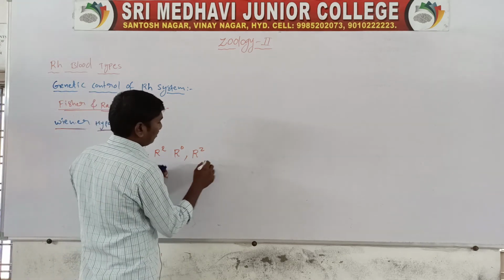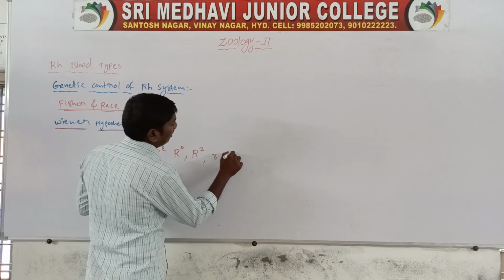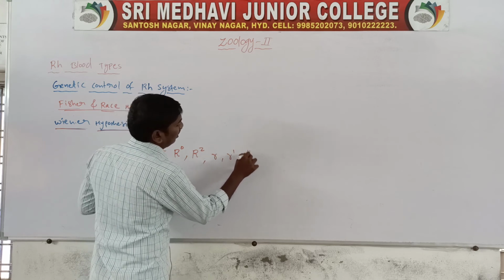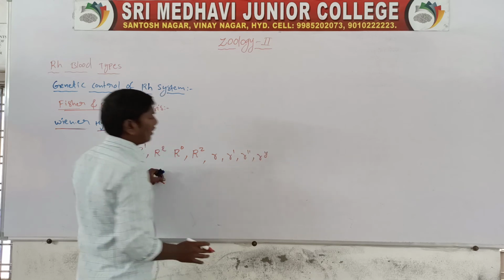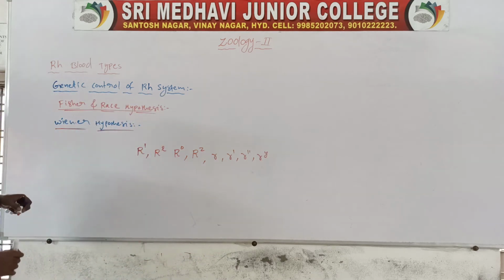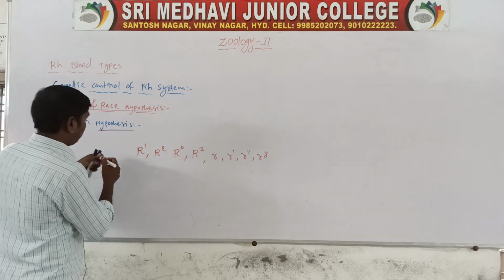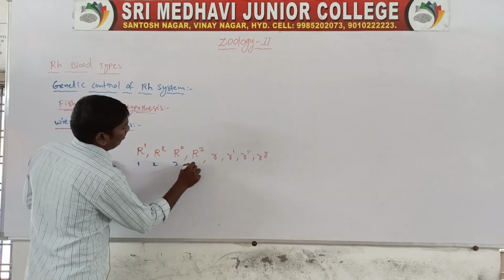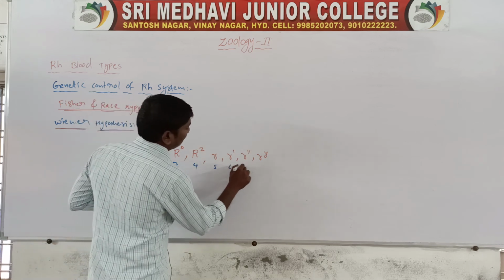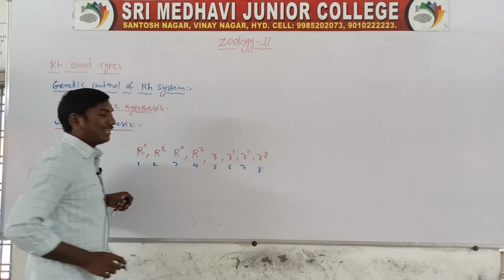Next one, r1, r2 and rY. So totally there are 8 alleles: 1, 2, 3, 4, 5, 6, 7, 8. The Rh factor has 8 alleles.